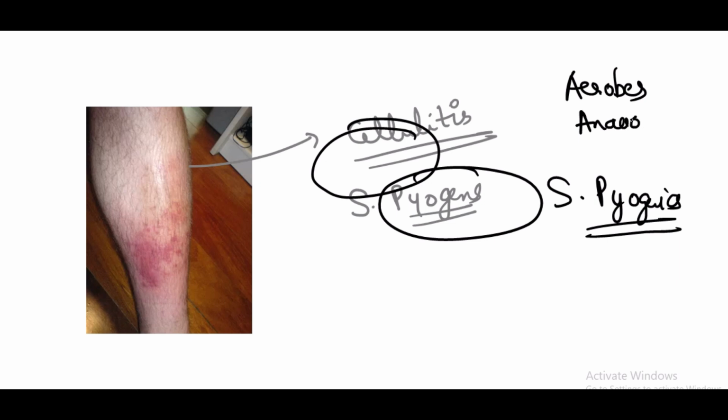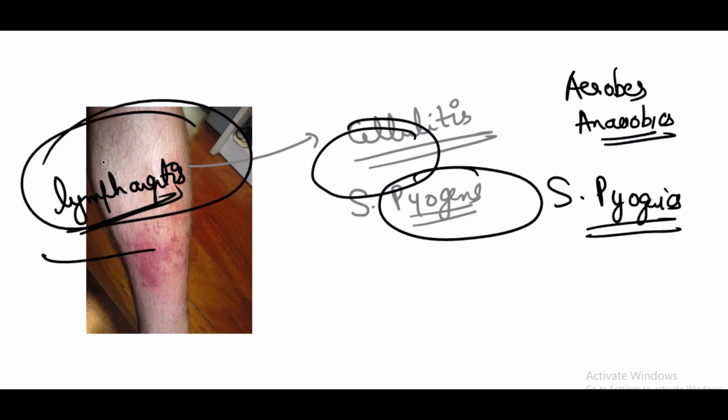The organisms typically enter through wounds, scratches, abrasions, etc. So there would be warmth, tenderness, shiny appearance of the skin, edema with heavy induration, and red streaks along the lymphatics due to lymphangitis.